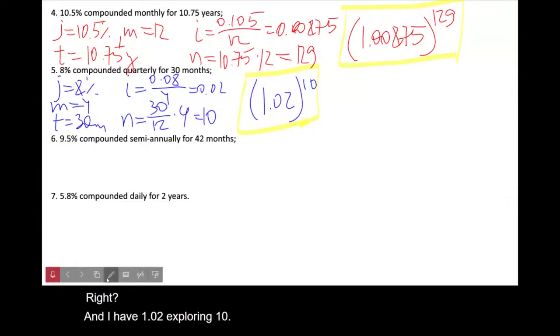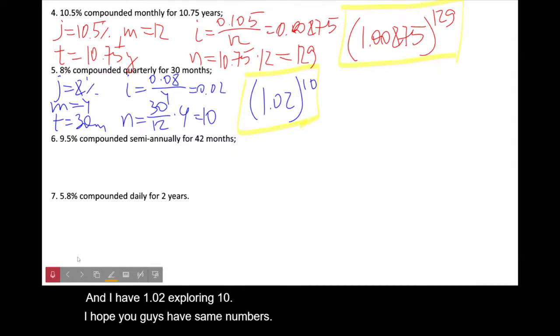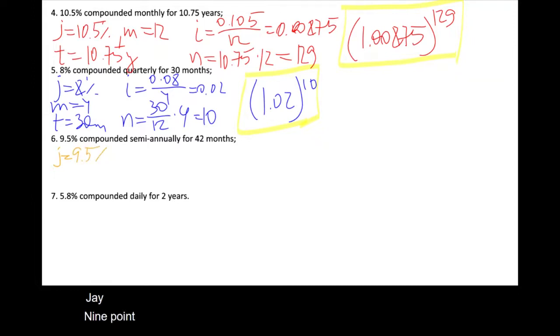I hope you guys have the same numbers. Next, J is 9.5% compounded semi-annually. T is 42 months. So i is 0.095 over 2, which is 0.0475.